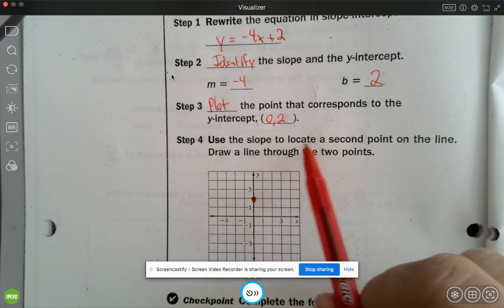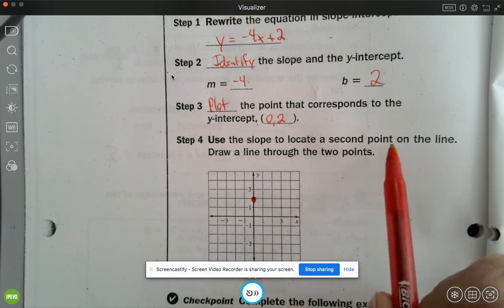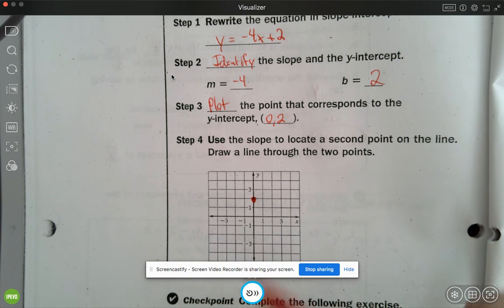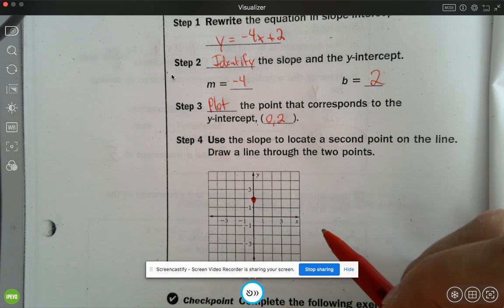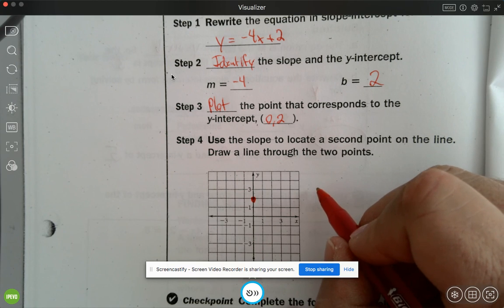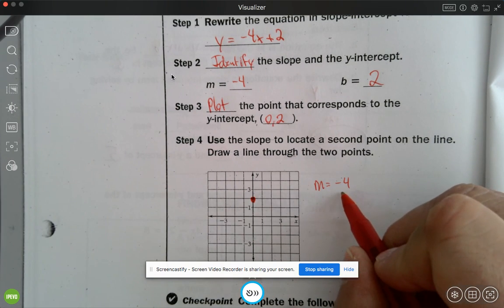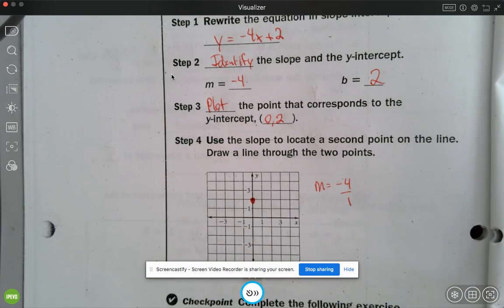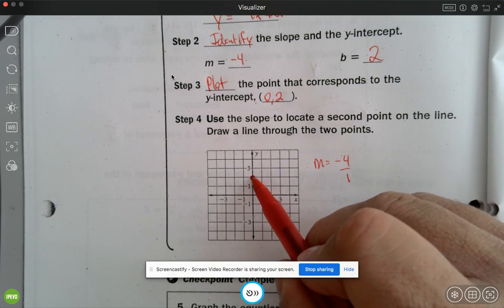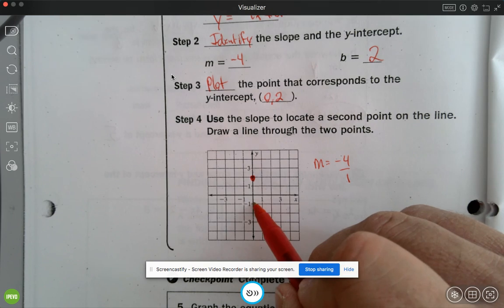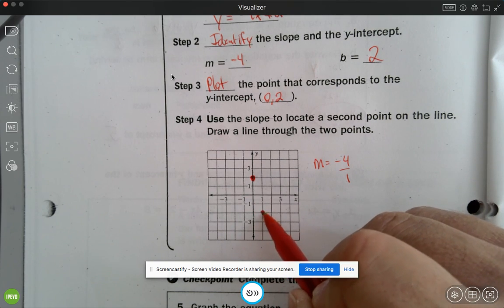And then use the slope to locate a second point and draw a line. Better than a second point, I've tried to do as many points as possible. So m here is -4, and we write -4 as -4/1. So now here I'm going to go down 1, 2, 3, 4 over 1.